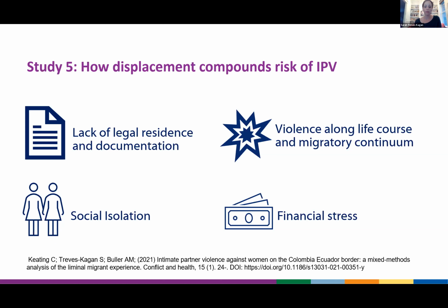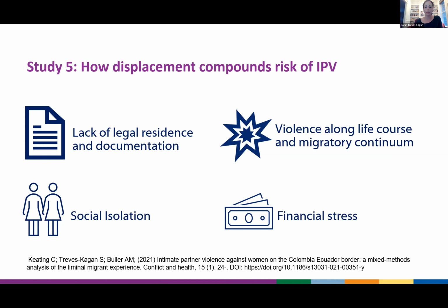Using both qualitative and quantitative data, what she found was that participants, many of whom had been living in Ecuador for years, described living in a state of liminality, which is this kind of ambiguous in-between state of legal, economic, and physical insecurity.